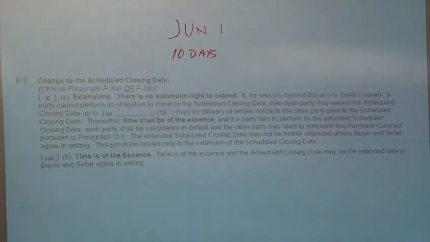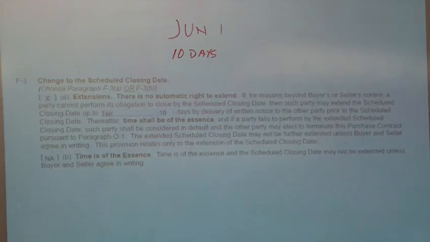Yeah, 10 calendar days. So I have a June 1st closing, the buyer can't make it, so they're going to exercise that right to extend by 10 days. The buyer needs to know that at this point, time is of the essence, and if they don't close by that 10 days, then they're deemed to be in default.